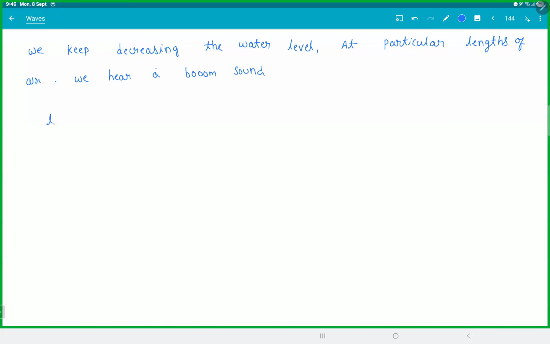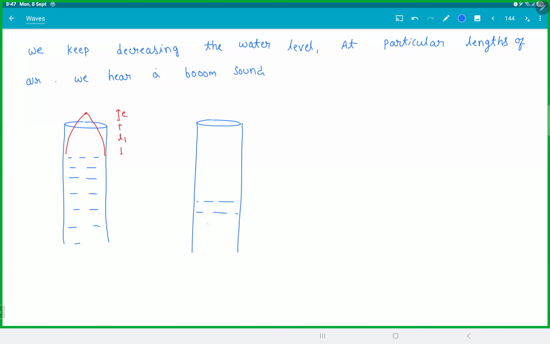Let's say L1 is the length of the air column. This is what is actually happening. As you decrease the water level, you get your first harmonic. This is your L1, but be careful, there is also an end correction. Then you keep decreasing the water level, the sound goes off. Again, you will hear a boom sound. This will be L2, and this is E.